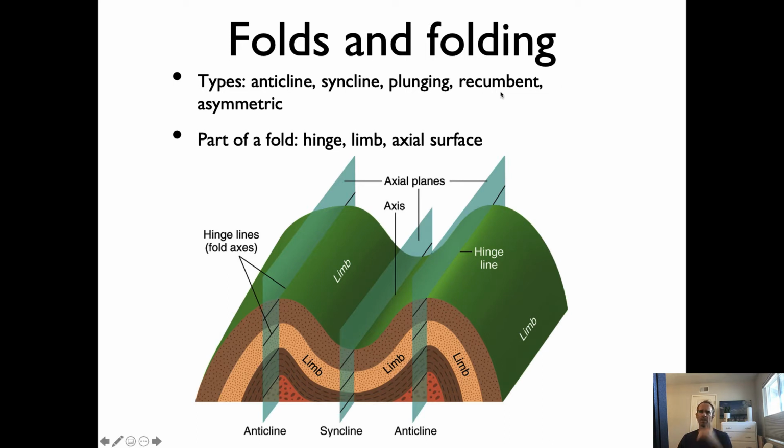They can be recumbent, which is where the axial surface is bent over, so the whole fold is bent like this. They can be symmetric, as shown in this diagram. They can be asymmetric, so there's all different types of folds. We're not going to worry too much about these different types, but we'll see in some of the pictures that not all folds are perfectly upright as we see in this picture.